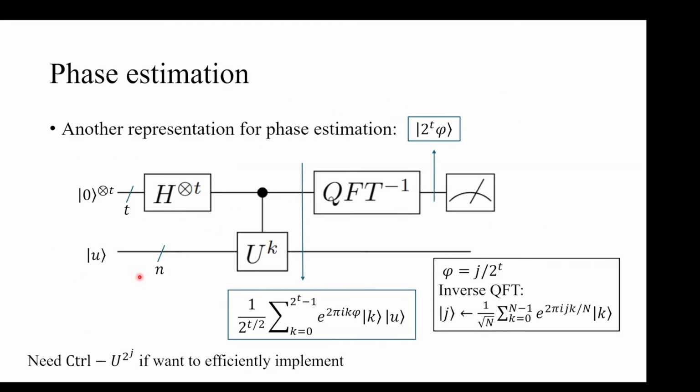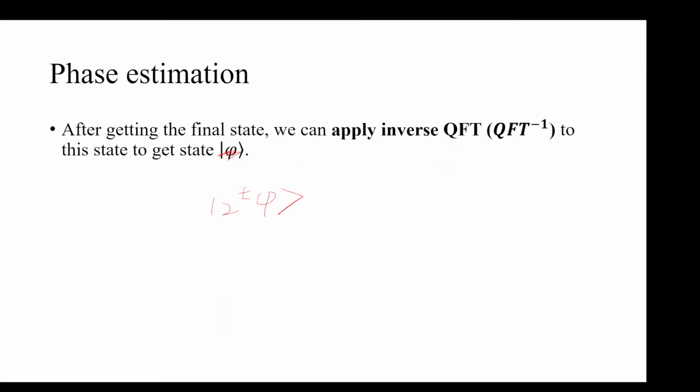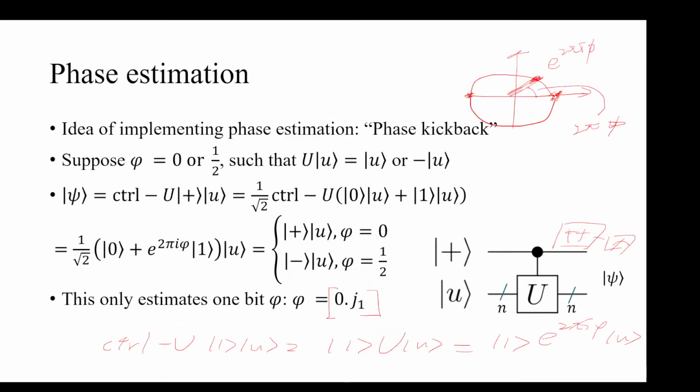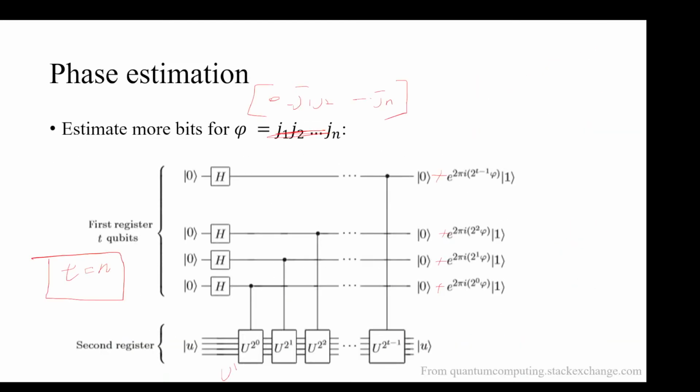Small typo here: maybe I should have some n prime, because we used n as in j1 to jn. Sorry, let me try to fix the notation. It's easier if I make this jt here, so that's less confusing.